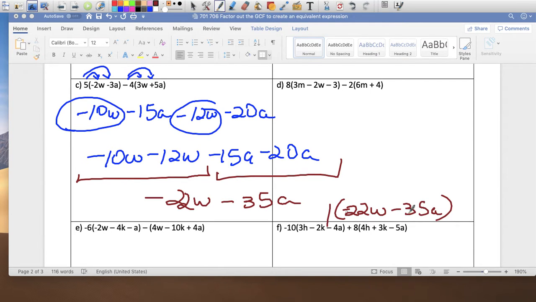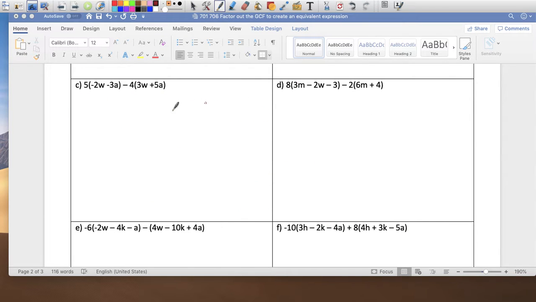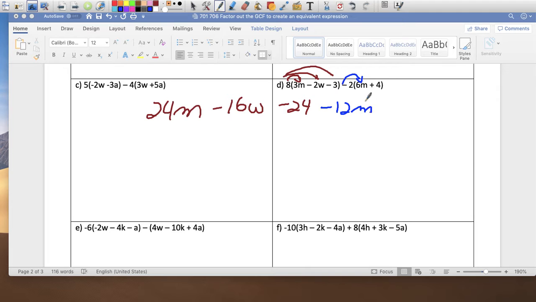Could be a 1 like that, and that's the only number that goes into both terms. Next one is 24M. I'm doing these, positive. Negative 16W. Negative 24. Negative and the positive is a negative 12M. Negative and the positive is plus negative 8.